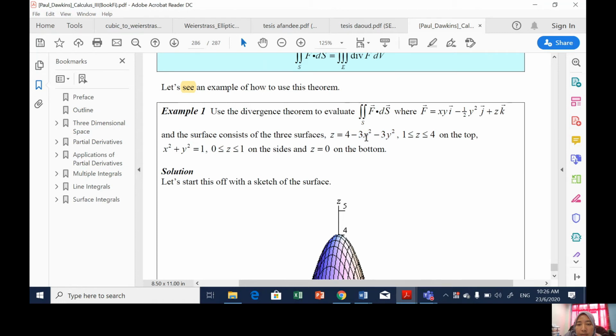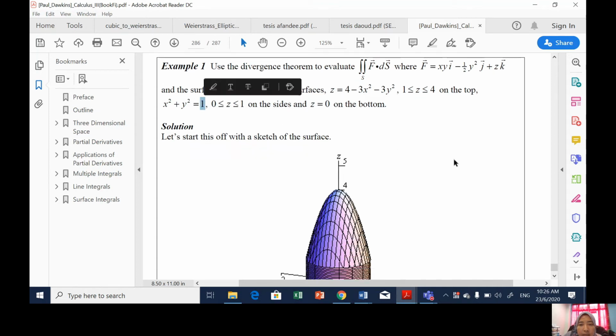So we factorize 3, and the one in the bracket is x squared plus y squared. Then the equation for z in terms of r will be 4 minus 3r squared.